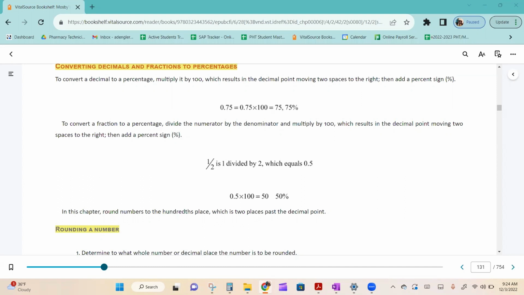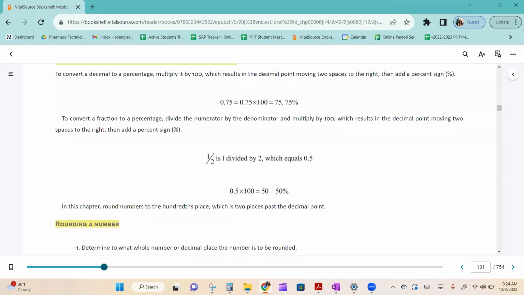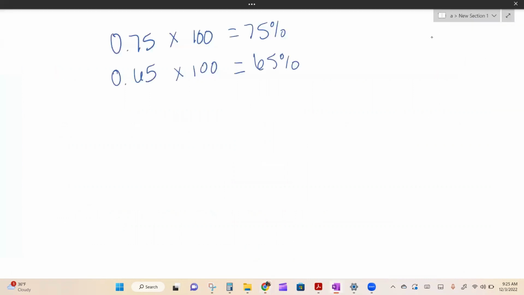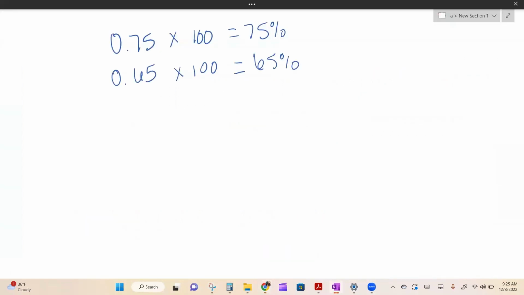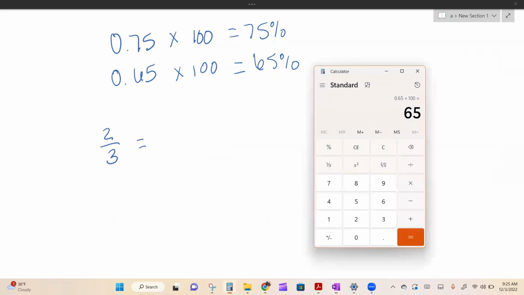So to convert a fraction to a percentage, first we need to turn it into a decimal, just like we did in the other example before this percentage. We're just going to take the fraction. So they have 1/2, which is 50%, which most of you probably know. Let's do 2/3. So first we need to turn it into a decimal.